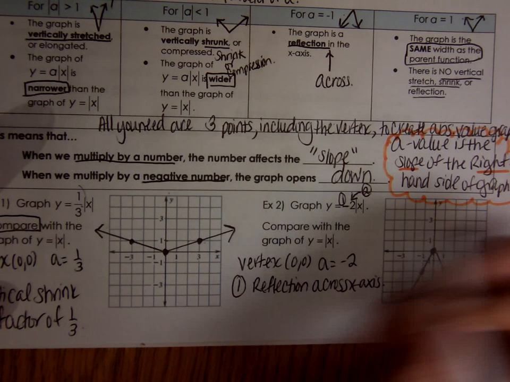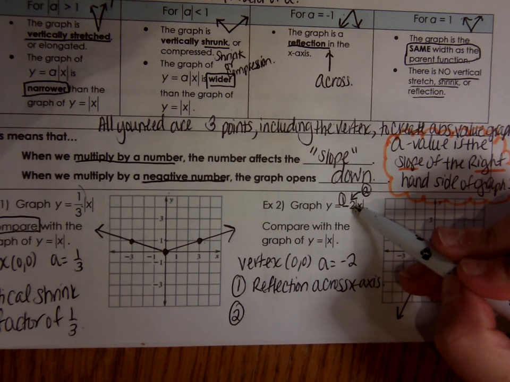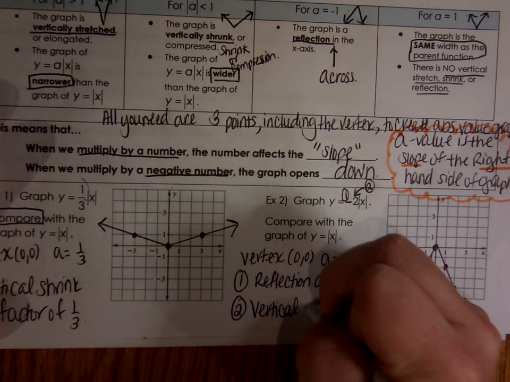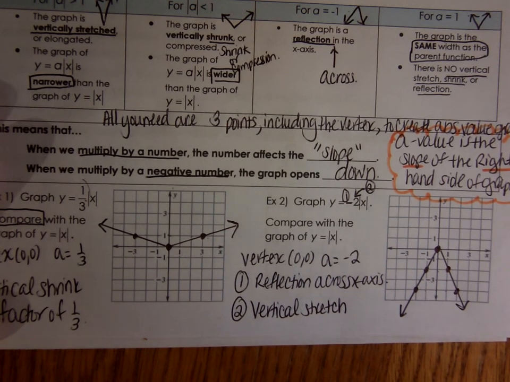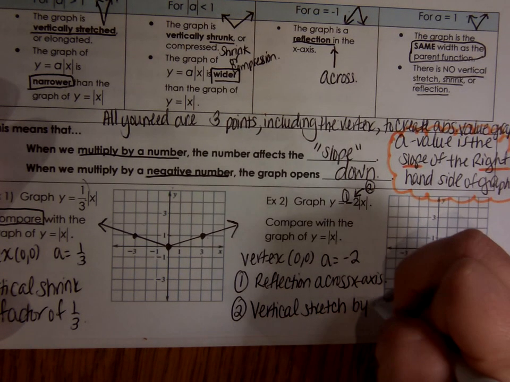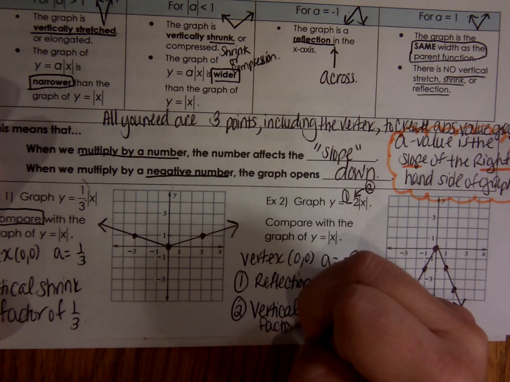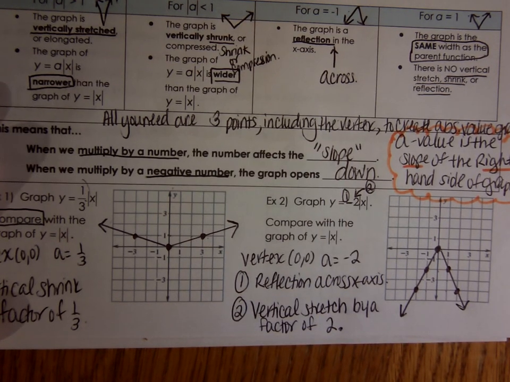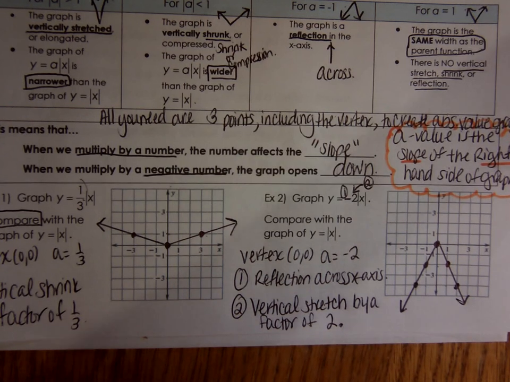And the second transformation is that we have an A value that is 2. So we call that a vertical stretch because it's skinnier, it's bigger than 1, by a factor of 2. Notice I did not use -2, and that's because the negative was already addressed in our first transformation.